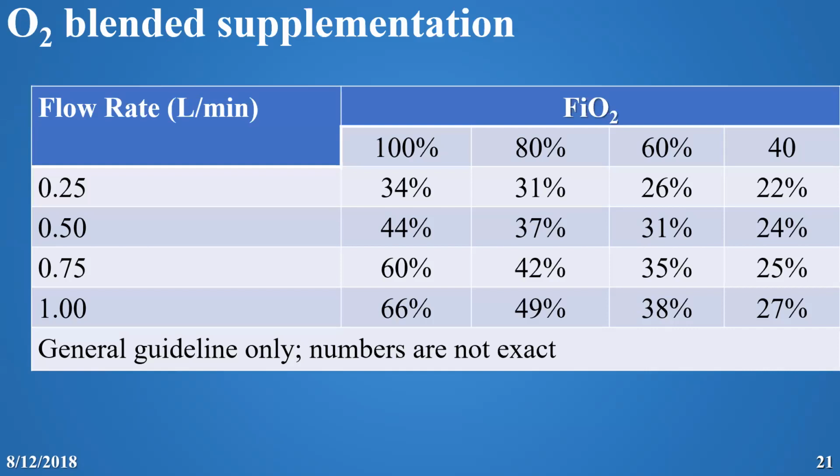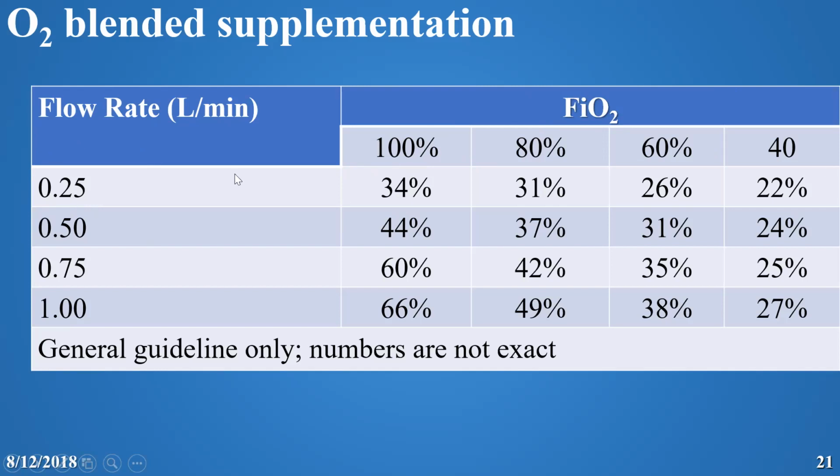Okay. Now, based on that, we have what we call a blending table. Because remember, we have to blend the oxygen, which is measured by FiO2, fraction of inspired oxygen, and the flow, by medical air. So based on the flow and the percentage, here we get the percentage going to the baby. So if we give a flow of 0.25 and 100%, the baby will receive only 34%.